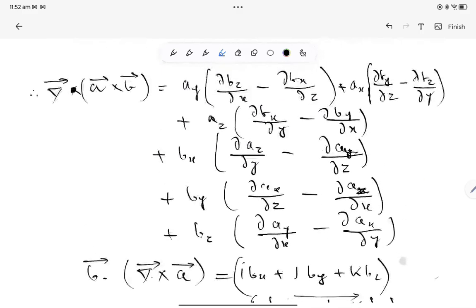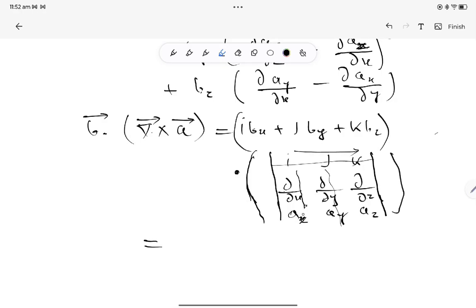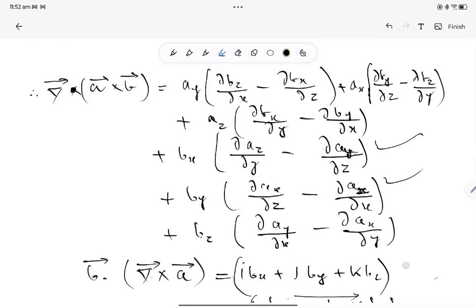So you have this second term. First term, second term, then third. Bz will be multiplied with the z component, and the z component is del Ay by del x minus del Ax by del y.